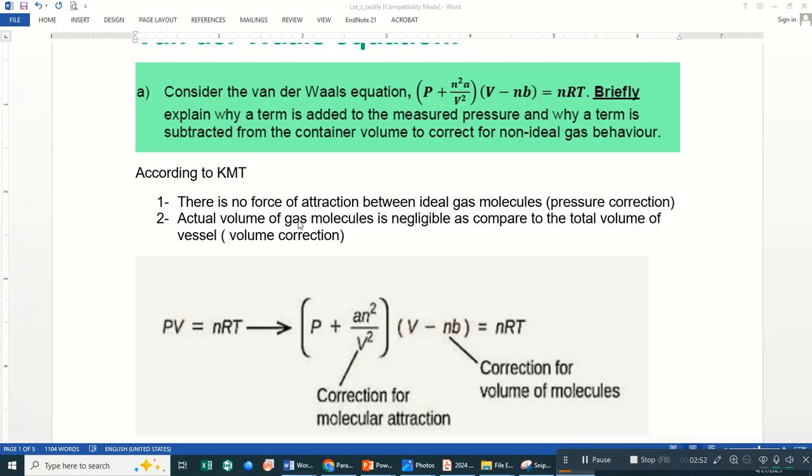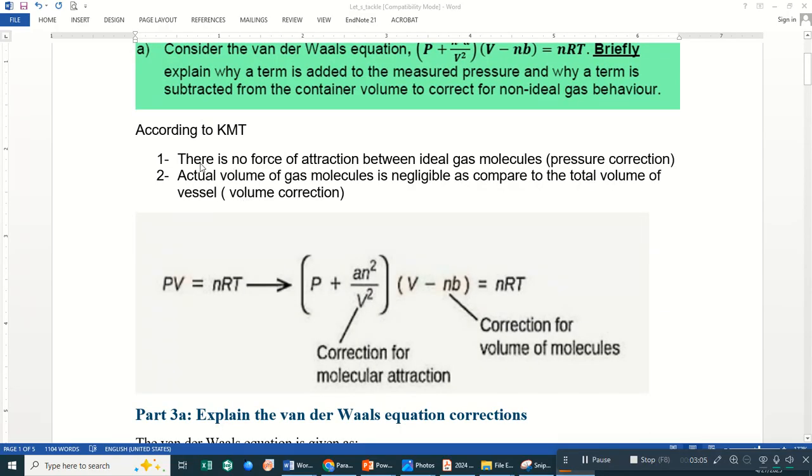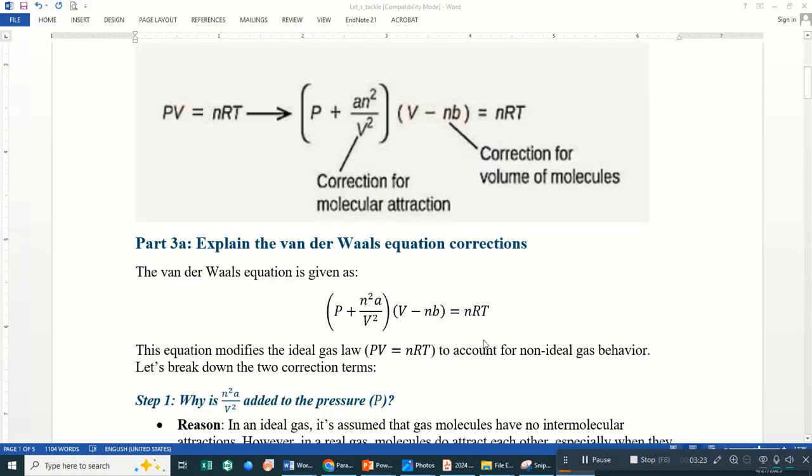But the actual volume of real gases cannot be negligible compared to the total volume of the vessel, or volume of the container. So the basis of the pressure correction is the first point of KMT, and the second point becomes the basis of volume correction.